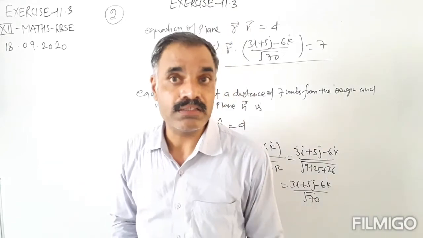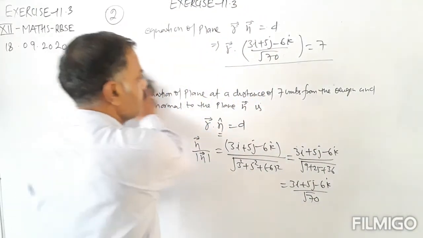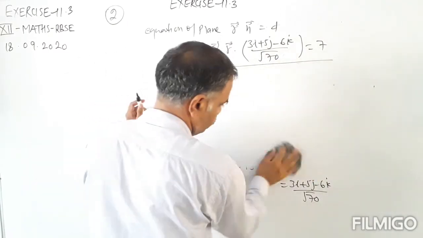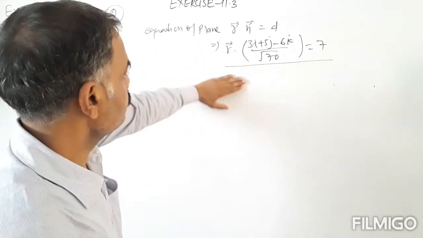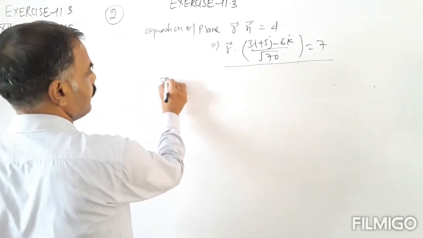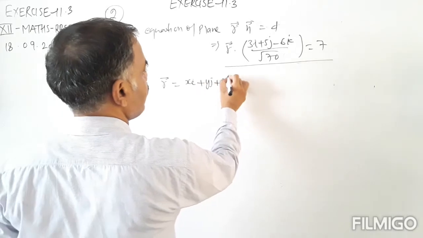We can convert this plane in Cartesian form also. Okay, so to find the Cartesian form of this plane we have to replace r vector by xi cap plus yj cap plus zk cap.